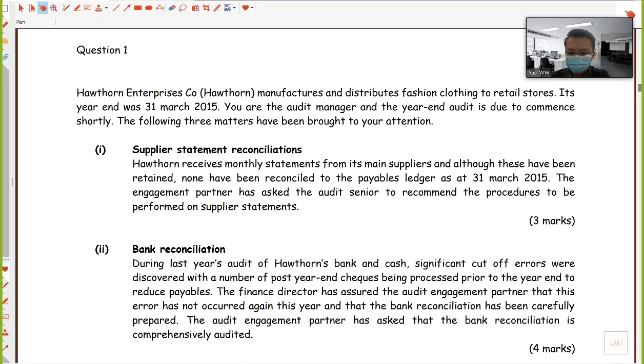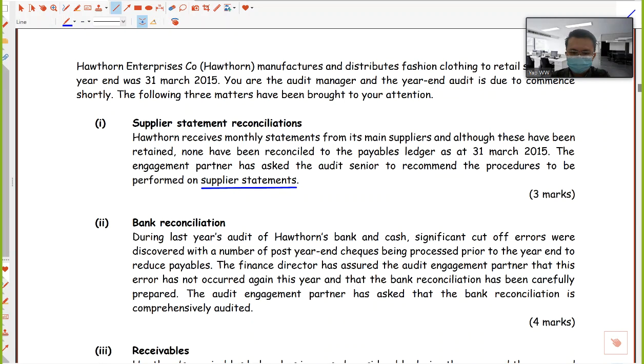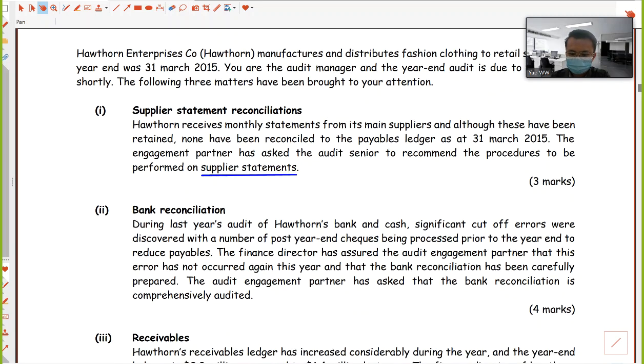The engagement partner has asked the audit senior to recommend procedures to be performed on the supplier statements. We cannot simply write one; we have to base it on the scenario. So now you audit supplier statements. What procedures will you need to perform?